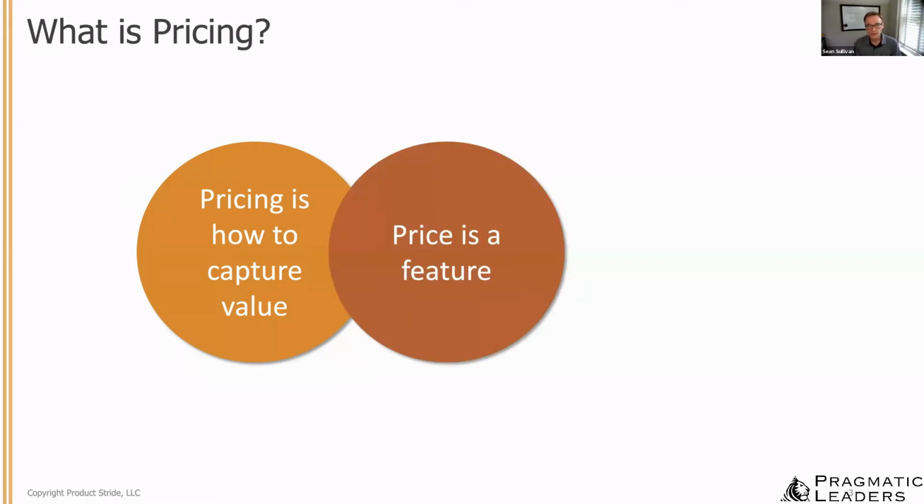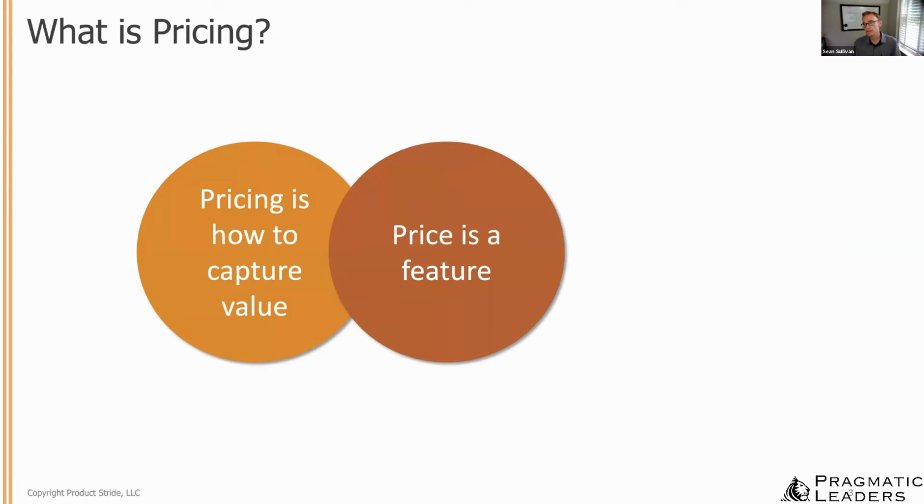The first thing that really needs to be understood by the product management community is that pricing is a feature. The price is a feature, just like a function to perform some task with your product is another feature.